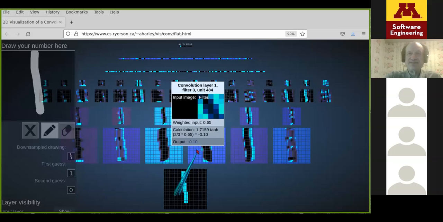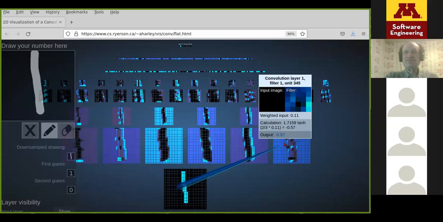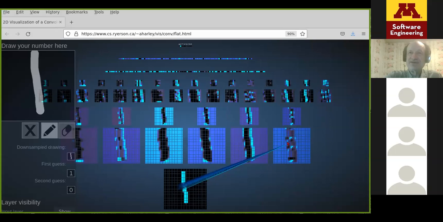So to go back to the question you asked, why aren't these filters all the same? It's because of the random initialization. So each one of these six units is getting a different filter, but this filter is common to all of the entries in this particular unit here.